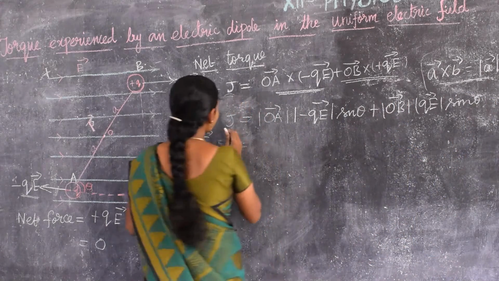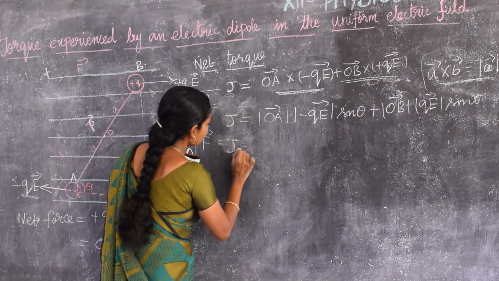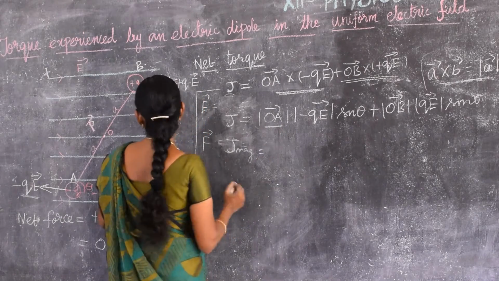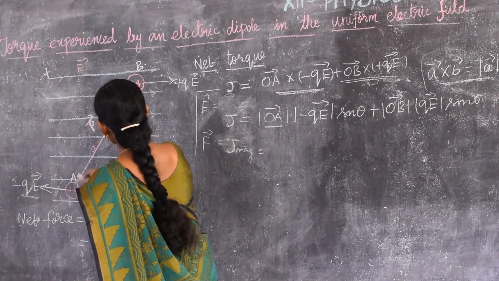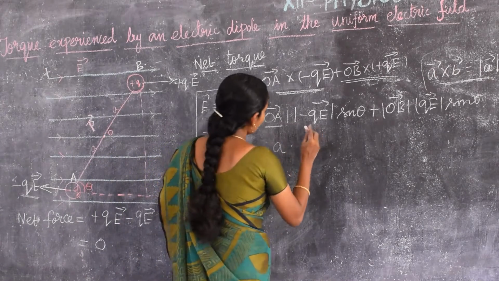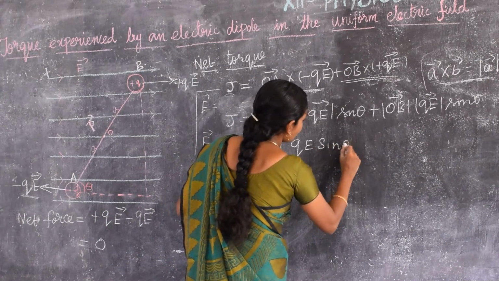Next we calculate the magnitude only. What is the magnitude value of OA? From this diagram, the value of OA is a. So here qE sin theta.